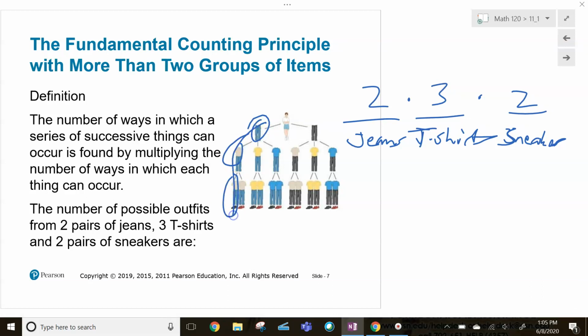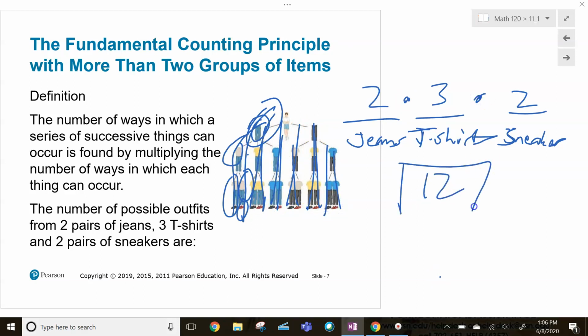So there's one option. You could do the blue jeans with the white shirt with the red sneakers. There's the second option. So third option, fourth option, fifth option, sixth option, 7, 8, 9, 11, 12. In other words, 2 times 3 times 2 is 12. 12 different setups for your outfits there.